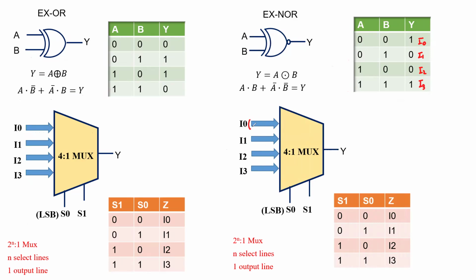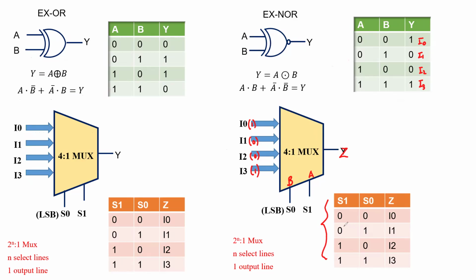So here I0 is logic 1, I1 is 0, I2 is 0, and I3 is logic 1. And here S1 and S0 are the two select lines, which are basically the inputs of the two input exclusive NOR gate. This is output Z of the multiplexer.